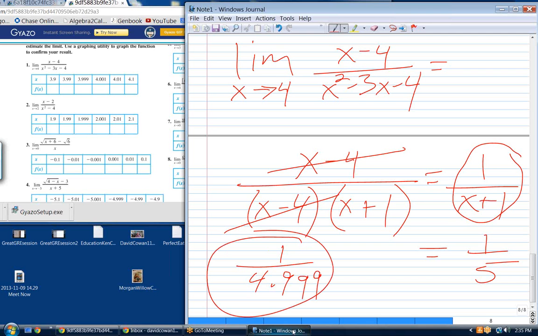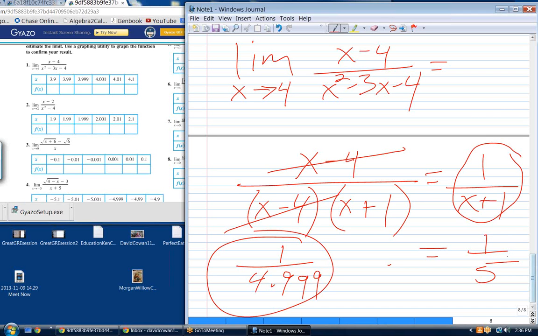The third one's going to be that. And the fourth one's going to be 5.001. The tables just seem to be showing that the limit as x approaches 4 is somewhere between 3.999 and 4.001. You got it. And in fact, it would be very easy to assume that it's 1 over 5. If this produces 1 over 4.999 and this produces 1 over 5.001, that's trying to point out that at 4 it would be exactly 1 over 5.